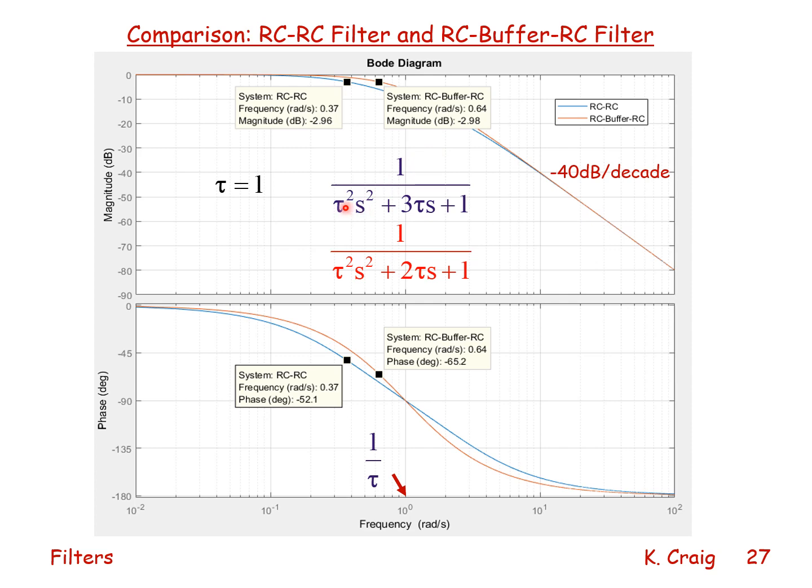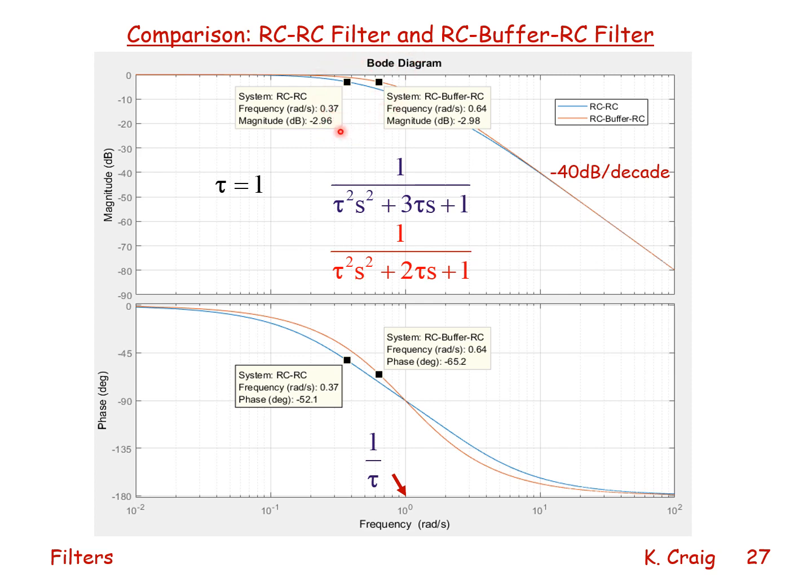For the RC RC filter, this is my transfer function. For the RC buffer RC filter, this then is my transfer function. We see that at high frequency, the behavior is the same, minus 40 dB per decade slope. At low frequency, the behavior is the same. It's flat at 0 dB. The difference is where is the breakpoint?